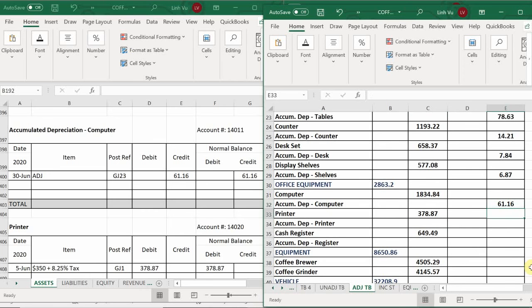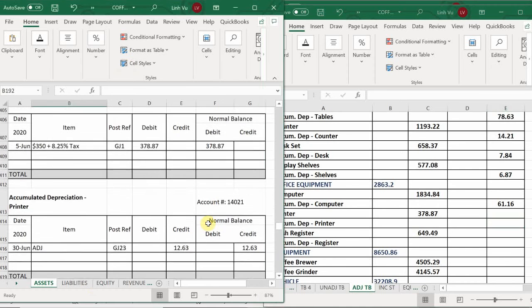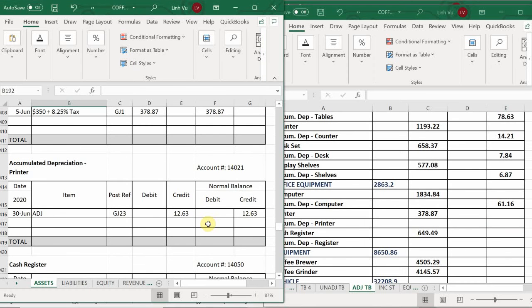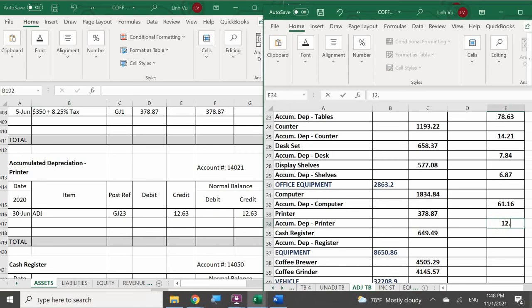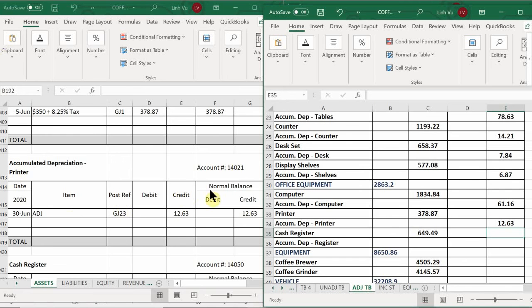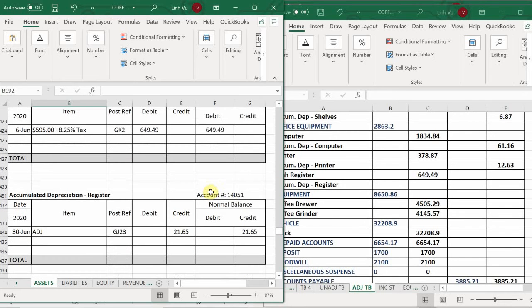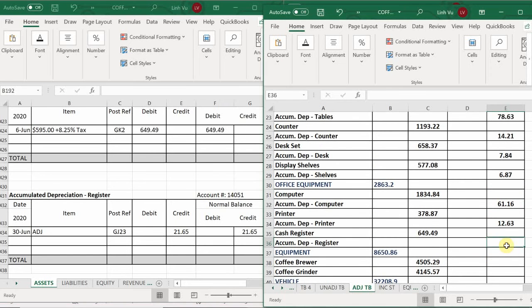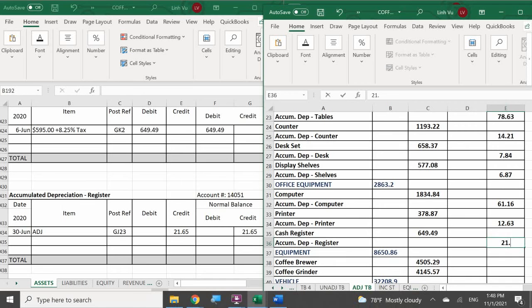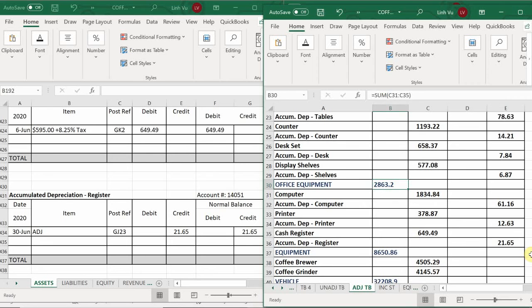And then my accumulated depreciation for my printer, $12.63. And then the register, $21.65.